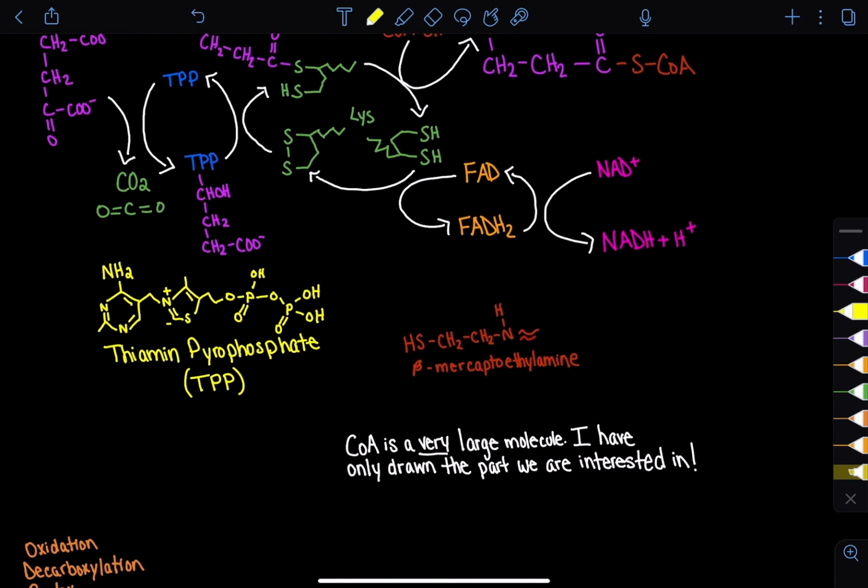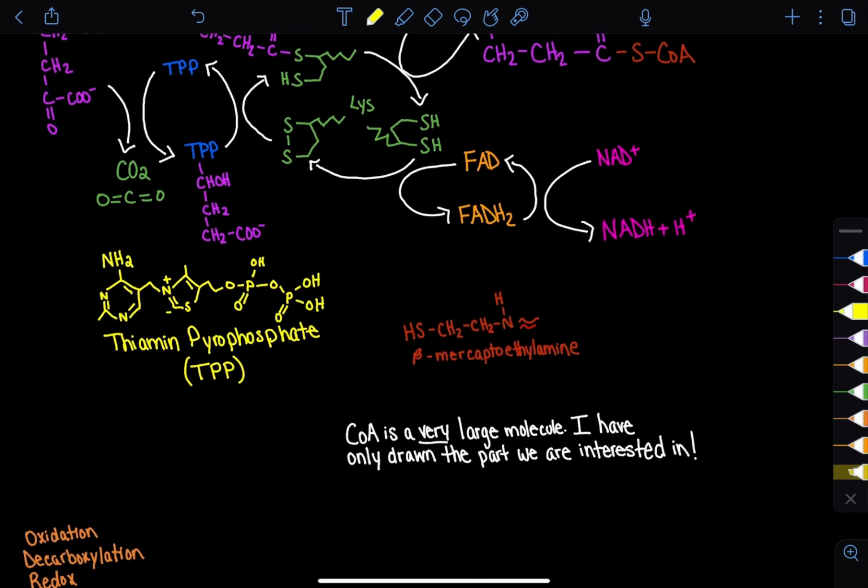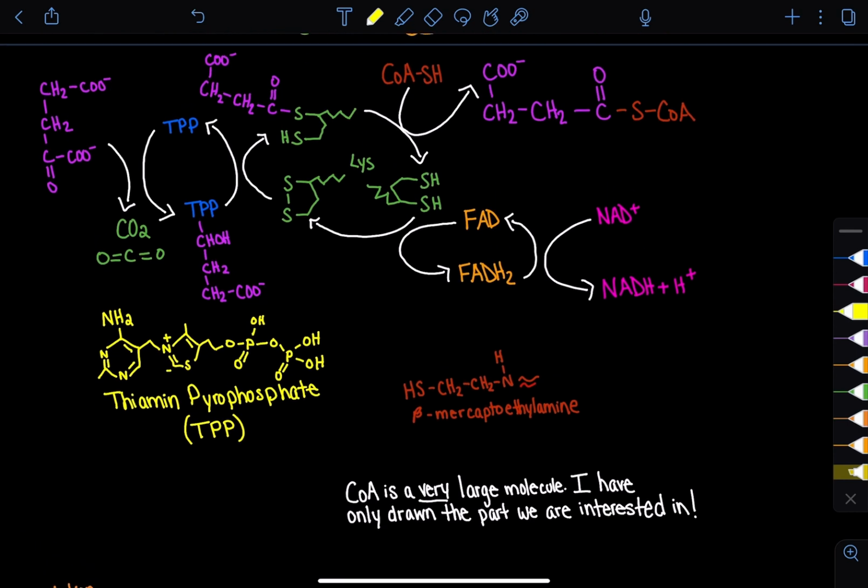So now, things to just go over quickly is that we do have an oxidation reaction and we do have a decarboxylation. So over here, we can note our decarboxylation. Here we're actually undergoing a reduction because we're converting the oxidized lipolysine into its reduced state. And then we have an oxidation happening over here.